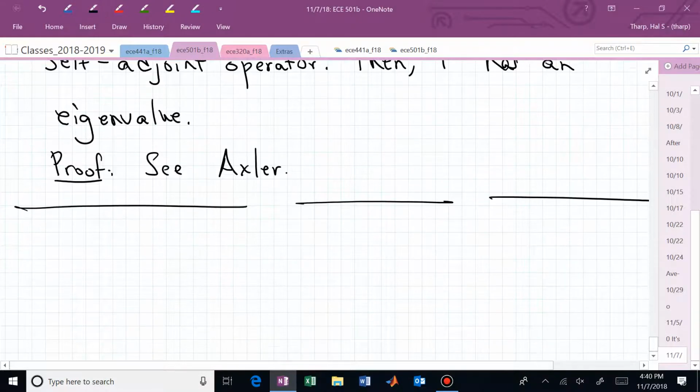Now we're ready to state the real spectral theorem, and that's Theorem 29.